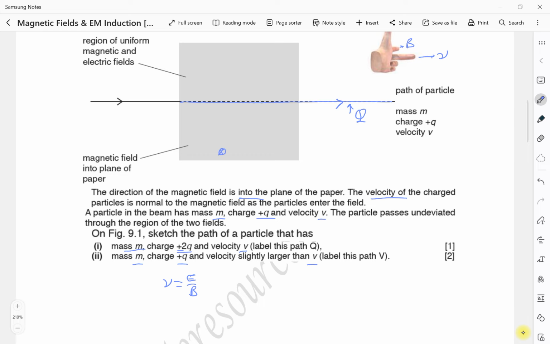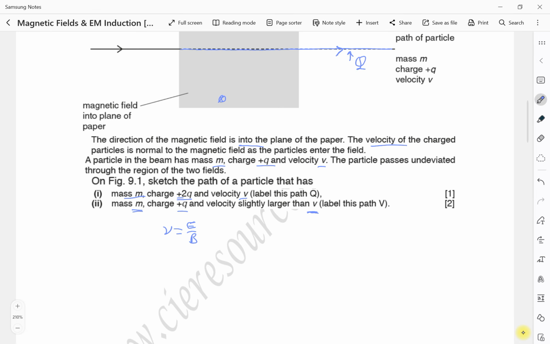Then for the first one, the mass is m. For the second one, the mass is the same, and the charge is the same, but the velocity is slightly larger than v. Remember, v is E over B. So if the velocity is greater than v, in other words, the new velocity v prime is greater than v, which means it is greater than E over B. What does that mean?